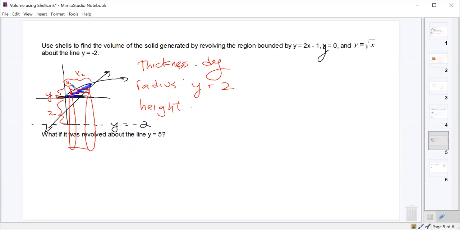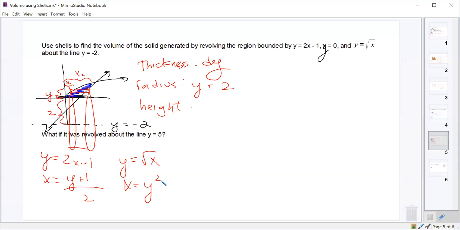It should just be x2 minus x1, where x2 comes from the linear one, and x1 comes from the square root function. So how do I solve y equals 2x minus 1 for x? That should be x equals (y plus 1) over 2. And y equals root x ought to be x equals y squared.